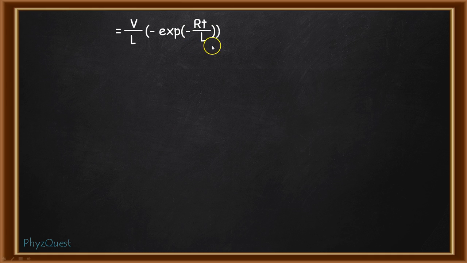So instead of here we can use this. This will be V by L into 1 minus R by V into I.